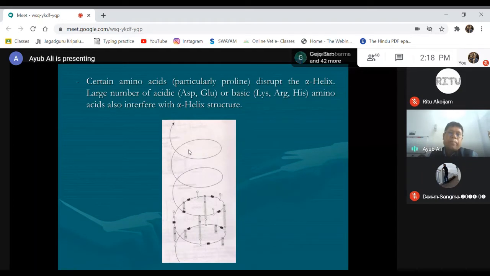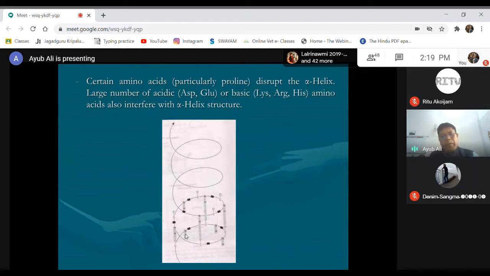This alpha helical structure is stabilized by one force, the hydrogen bonding. You can see the hydrogen attached to the peptide nitrogen forming a hydrogen bond with the oxygen attached to the carboxyl carbon. Like that, all the hydrogen bonds are formed between the hydrogen attached to the peptide nitrogen and the oxygen attached to the peptide carbon.